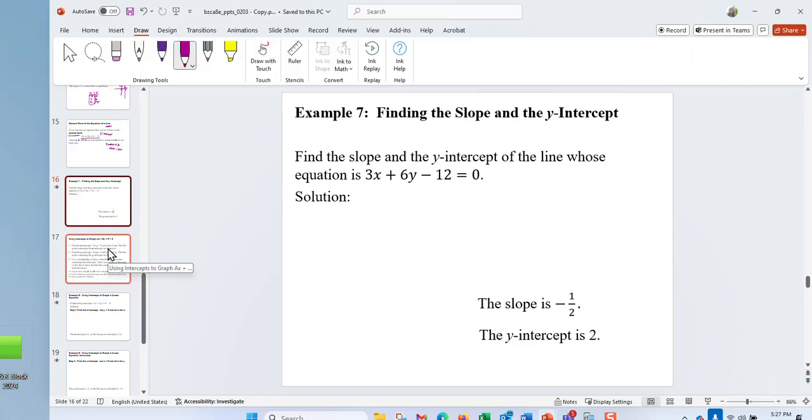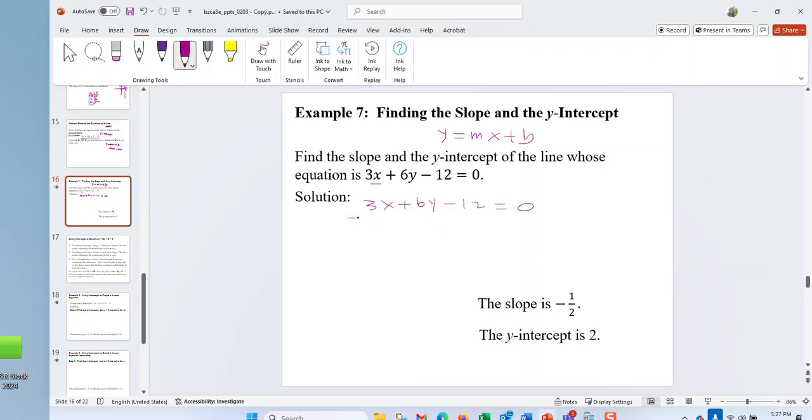All right, so if I want to find a slope from this general equation, what do I do? Well, I have to get it into y equal to mx plus b form in order to find the slope. That means I'm going to have to move everything to the right. Look at it. I have 3x plus 6y minus 12 equal to 0, right?